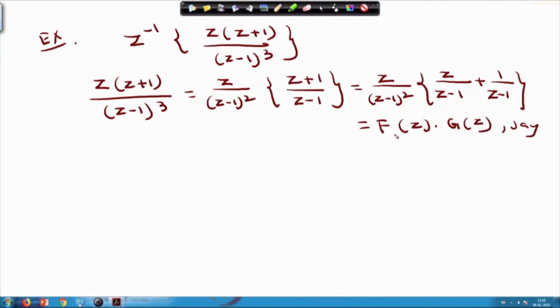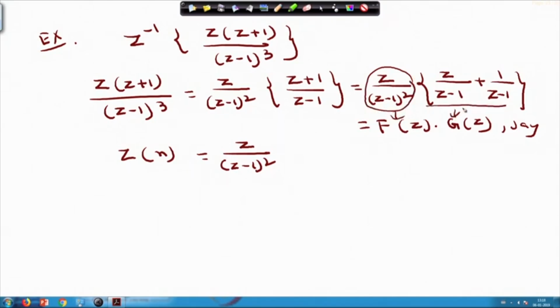From here I want to find out what would be f n. Now, you know this thing, the z transform of n is z by (z minus 1) whole square. So, basically your F(z) is this quantity and your G(z) is basically this quantity. So, I want to find out the function whose z transform is this.